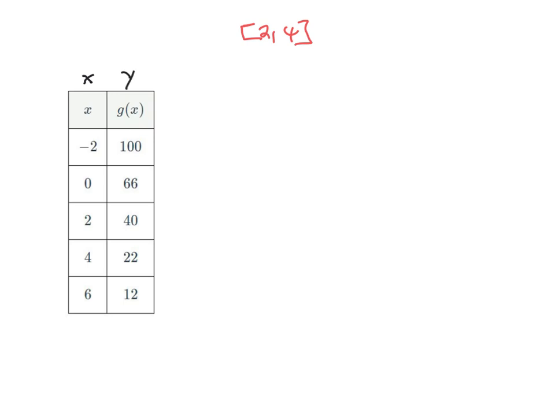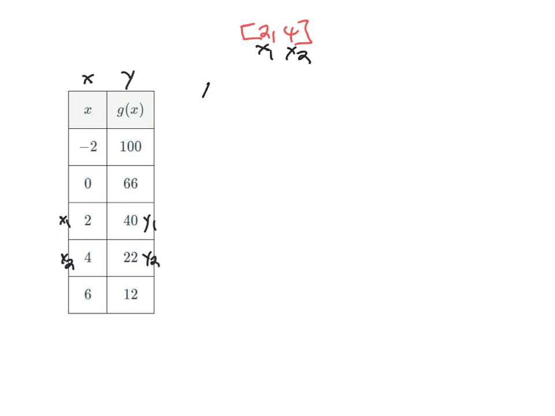When we have a table, what we have to do is look at the x value on the table and find the corresponding y values. So these are x1 and x2. When x1 is 2, the value of y1 is 40. And when x2 is 4, the value of y2 is 22.